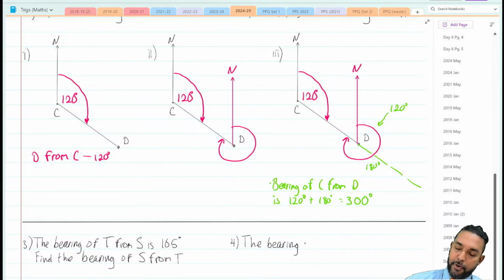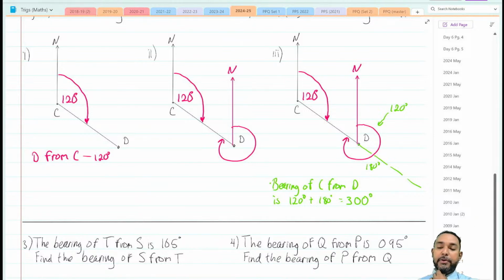Bearing of Q from P is 95 degrees. Find the bearing of P from Q. So two similar questions.